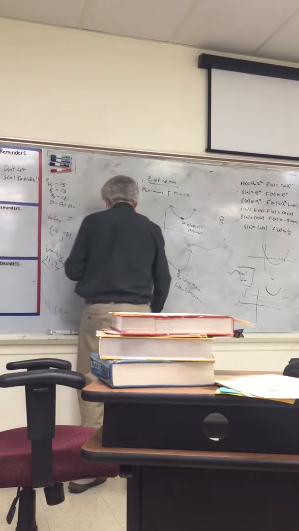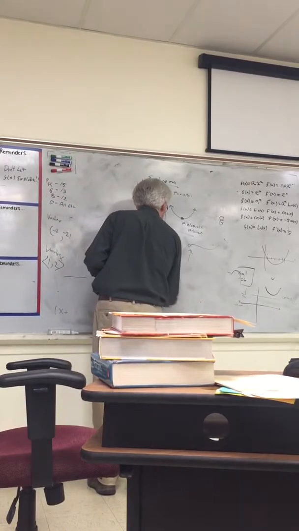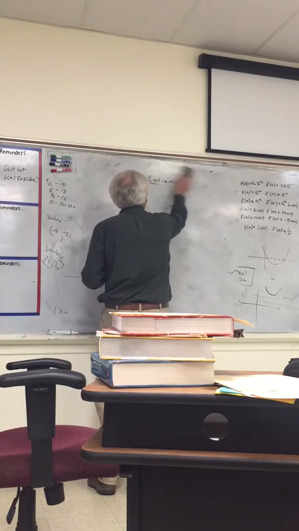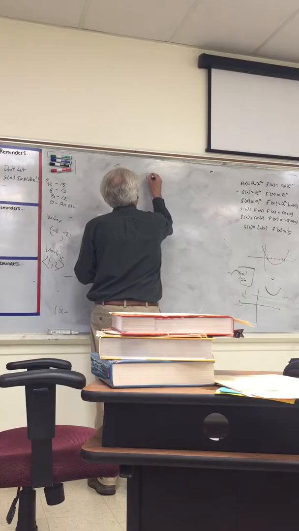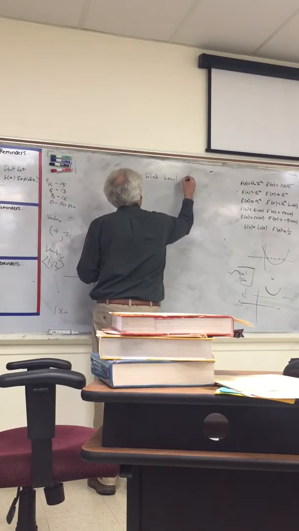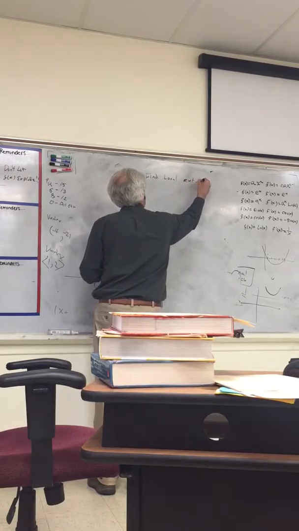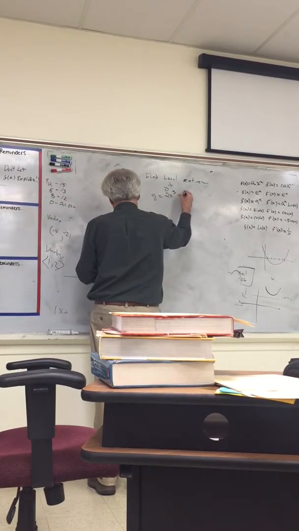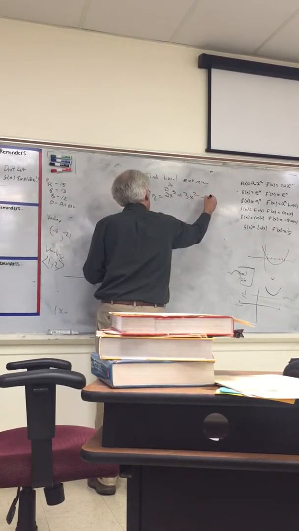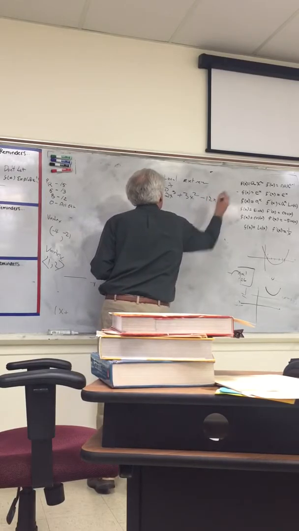All right, so let's say I tell you to find the local extrema of y equals 2x cubed plus 3x squared minus 12x plus 5.